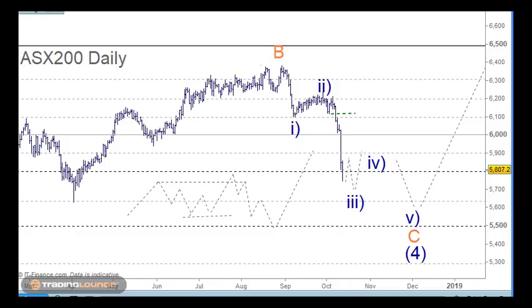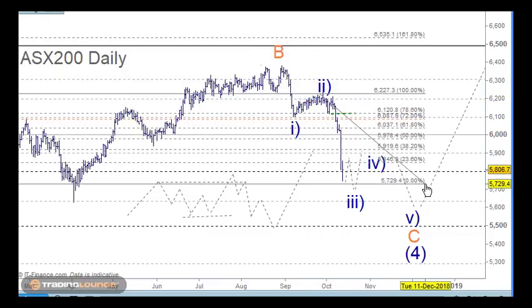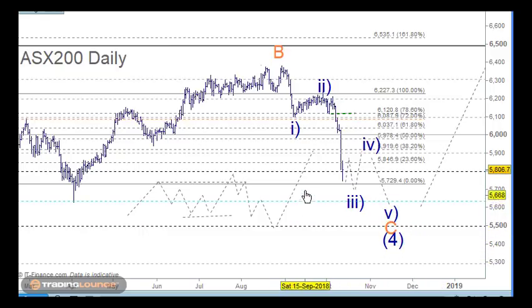The wave 4 would pull back 38.2%, so just roughly in here. So we're looking back really around the 5.9 here for this particular wave 4. And then we'll look down for wave 5 into this space here, the 5,600 here.